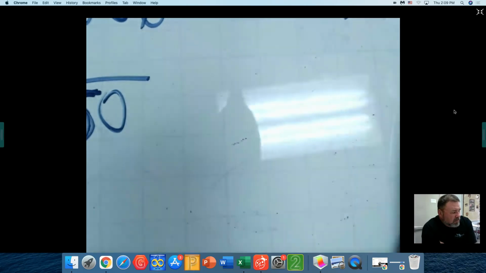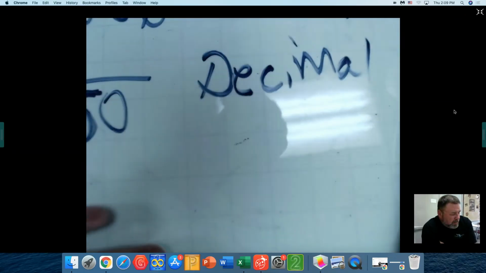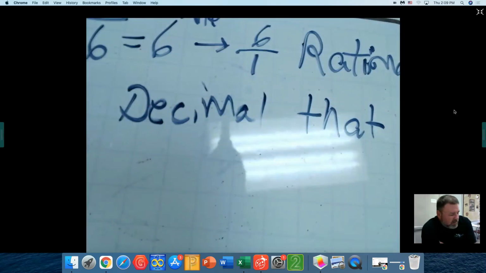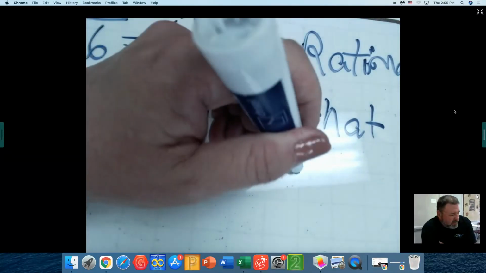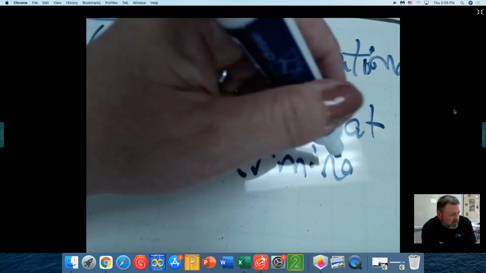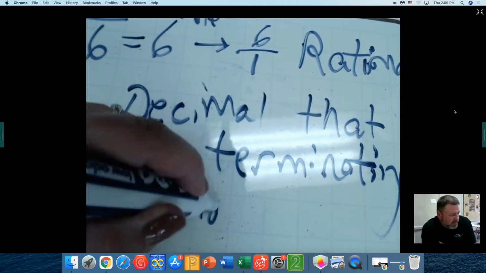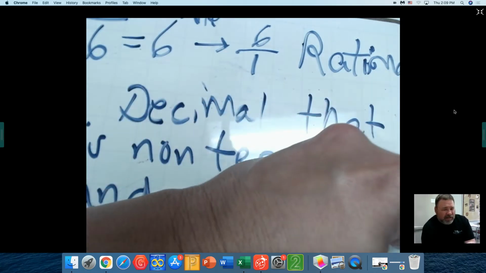So this is a type of decimal that is non-terminating. It means it keeps going on forever. Non-terminating and non-repeating.